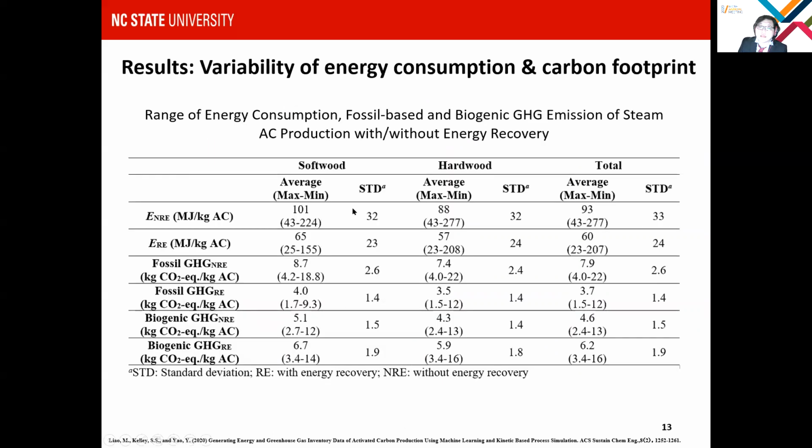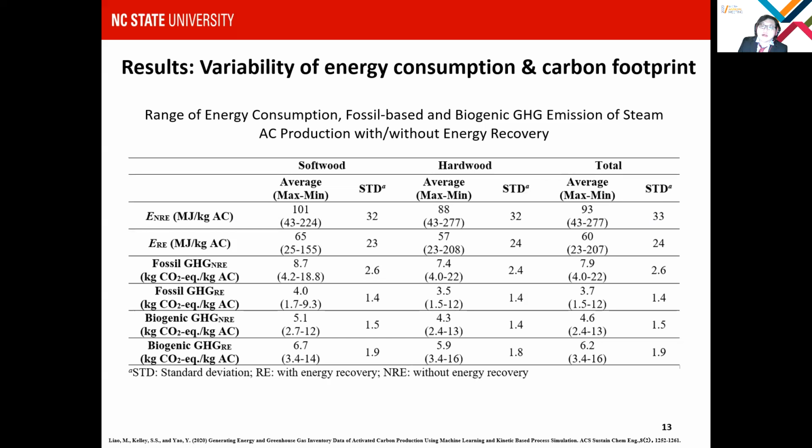Let's see the statistical result for all of the simulations. We can find some interesting things from this table. The average energy consumption and the greenhouse gas emission of the hardwood is smaller than that of the softwood. And with the energy recovery, 1/3 of the energy can be reduced, half of the fossil-based greenhouse gas can be reduced, and the biogenic greenhouse gas increased by 1/3.